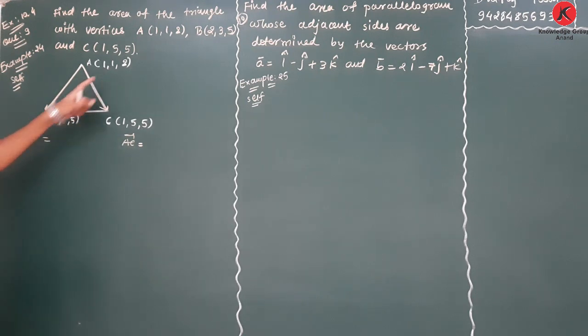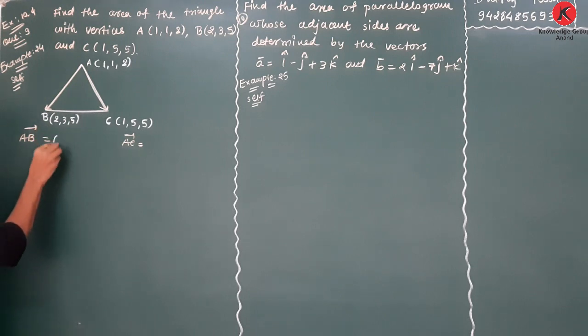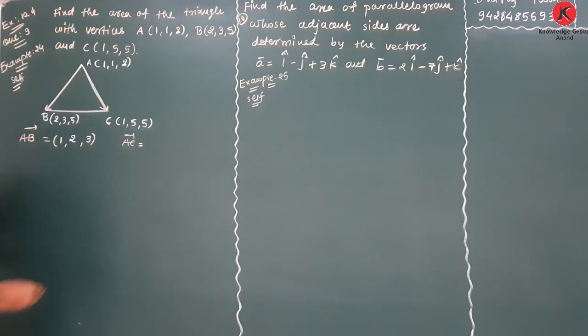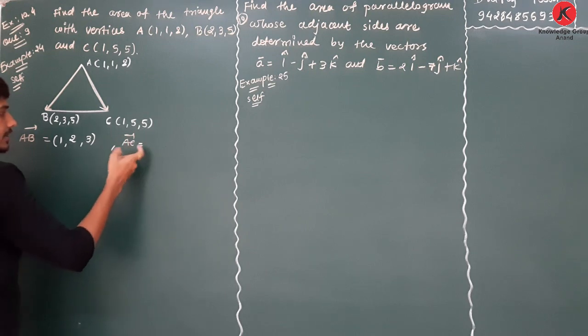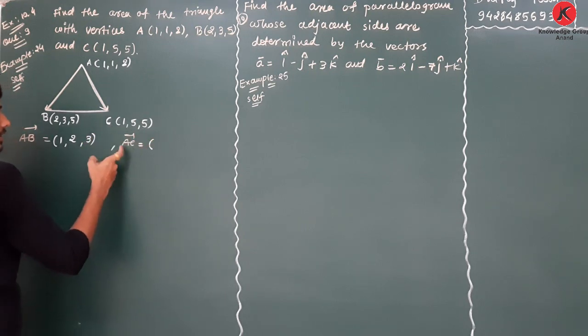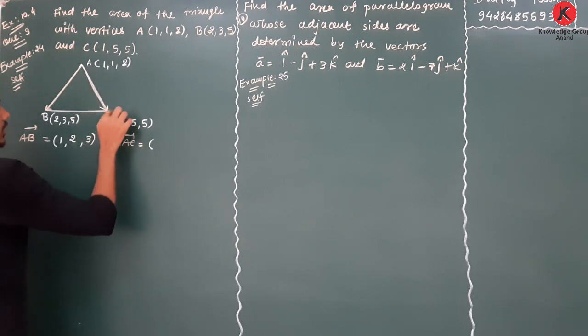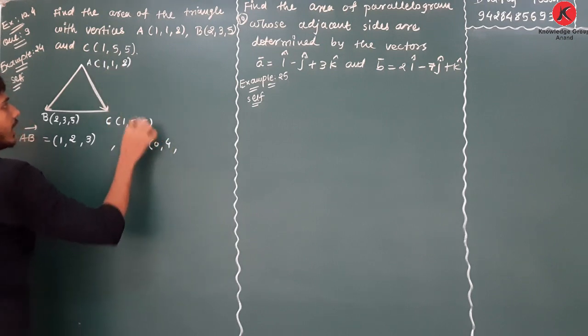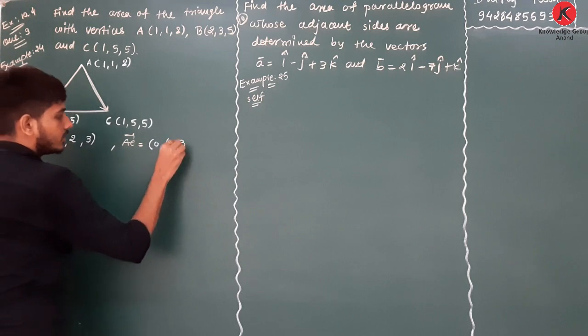B ના પોઝિશન વેક્ટર માંથી A નો પોઝિશન વેક્ટર સબટ્રેક્ટ કરો, therefore we will get 2 minus 1, 3 minus 1, 5 minus 2, that is 1, 2, 3. Same AC vector is given here, C minus A, that means 1 minus 1, 5 minus 1, 5 minus 2, that is 0, 4, 3.